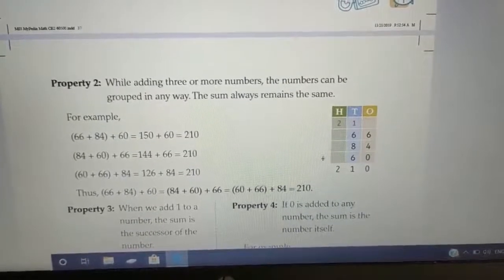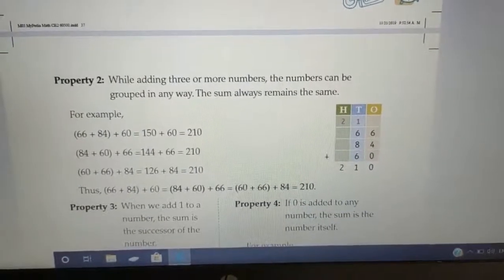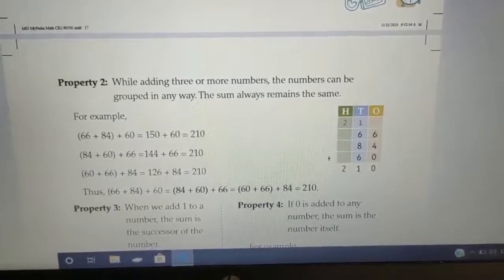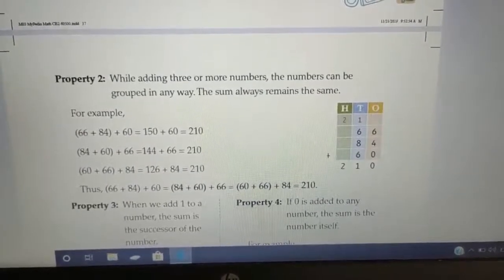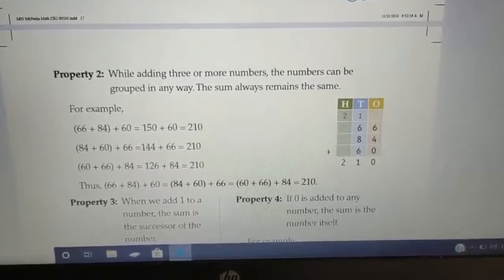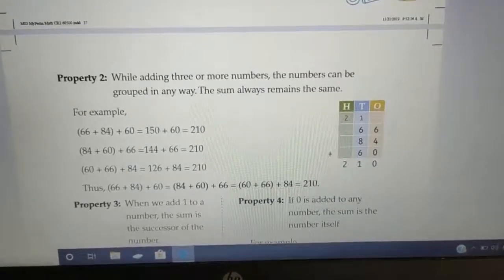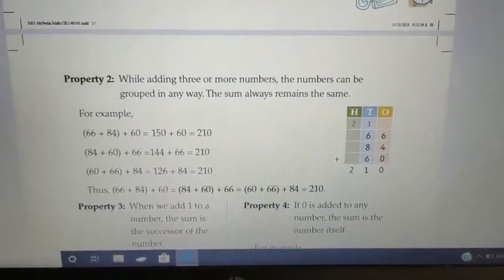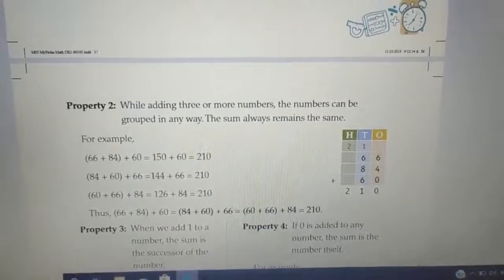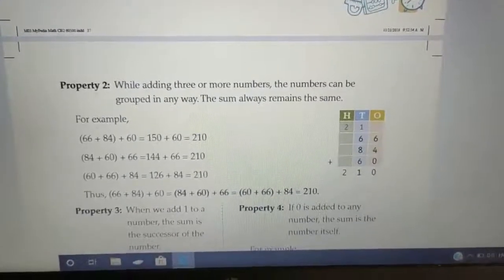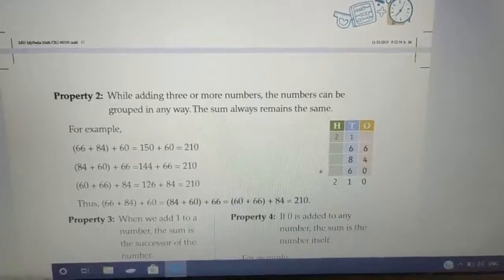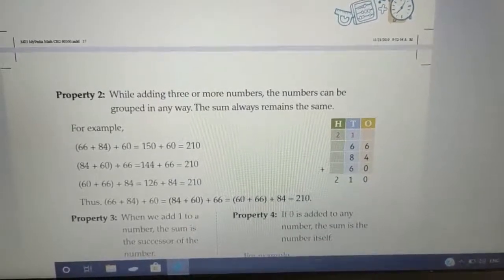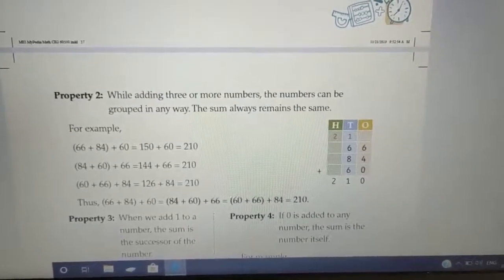In the second line, 84 plus 60 plus 66. In the third, they have grouped in a different way, 60 plus 66 plus 84. If you group in any way, the answer will always be the same, which is 210. We have already understood this, and I hope you remember this property.